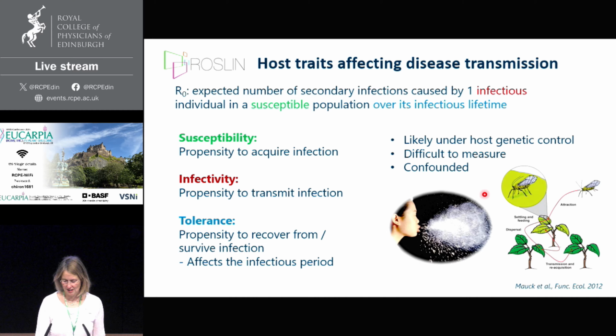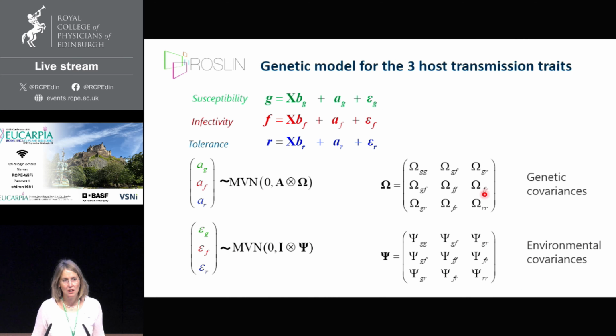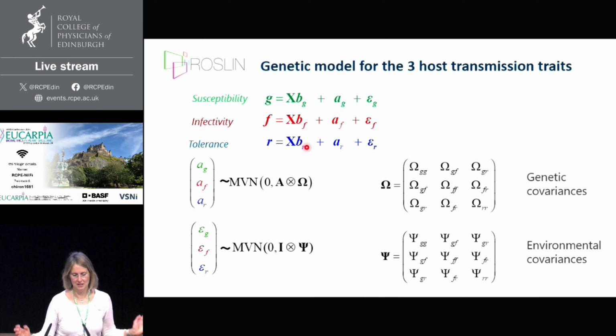The next thing, as a geneticist, you need to define your genetic model. And here's just one example. This is the typical polygenic, we call it the animal model, where we have the 3 traits here, and they may be controlled by certain fixed effects, age, vaccination status, whatever.